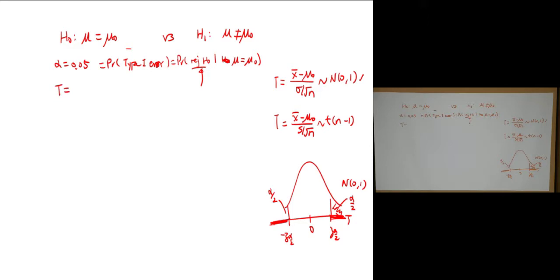We design the test statistic. There are 2 scenarios. If sigma is known, then T is X bar minus mu naught over sigma over root n, and this follows normal 0, 1.